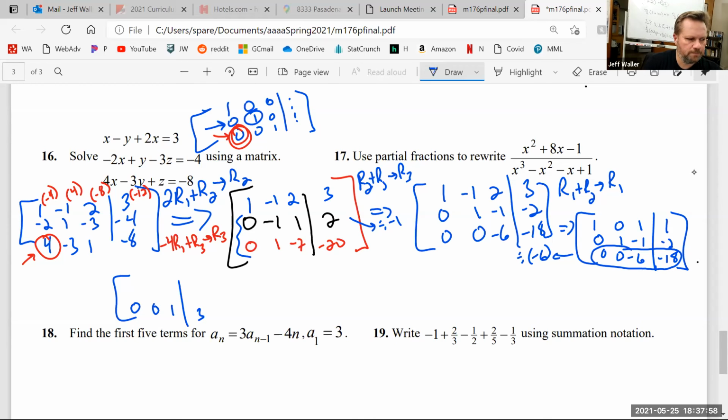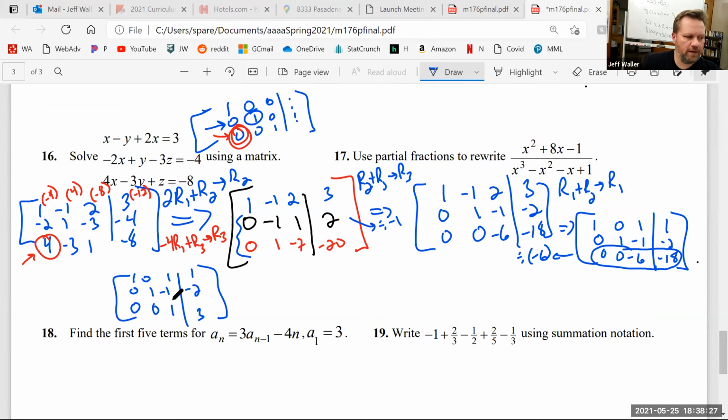Is that cool? What's the last thing I need to make happen? What's the only thing that's not correct yet? Does the first column look good? Check. Second column, check. Third column, anti-check. So we're adding them again.